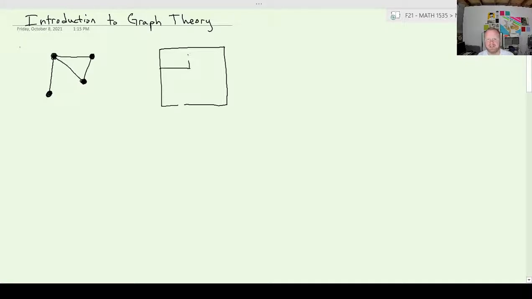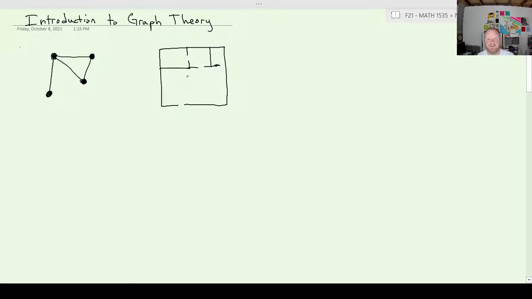a situation like this, where we'd have, let's say, a floor plan, and maybe it looked like this. And actually, I'm going to make this a little bit more interesting, just so I can draw a graph in here. So let's say maybe this is a side closet or something like that.